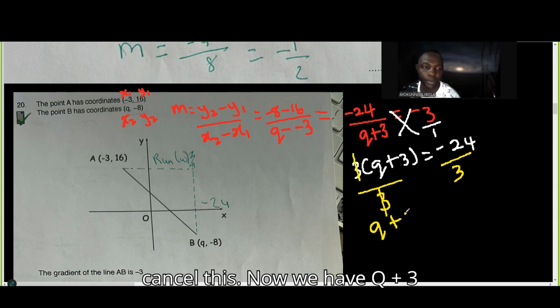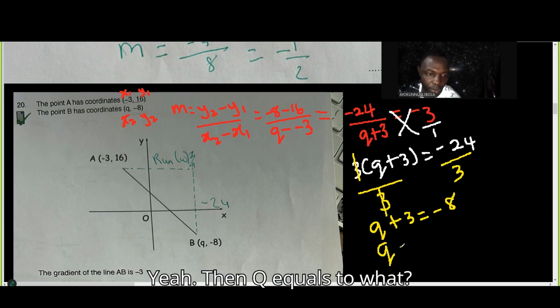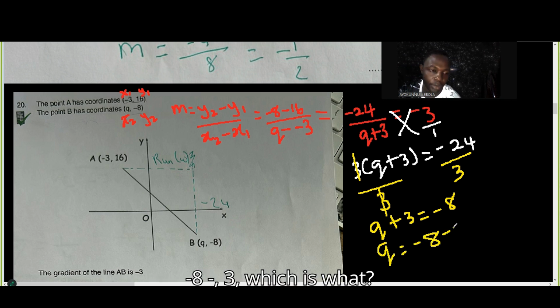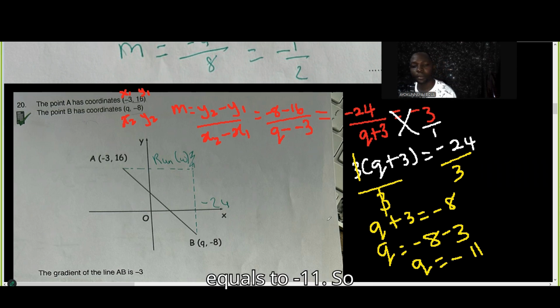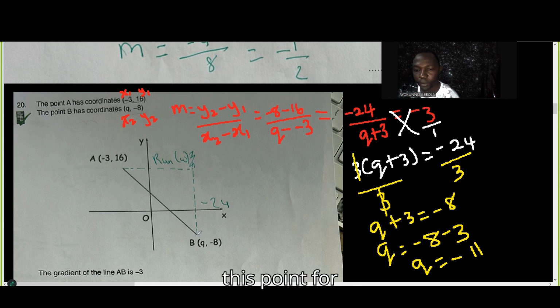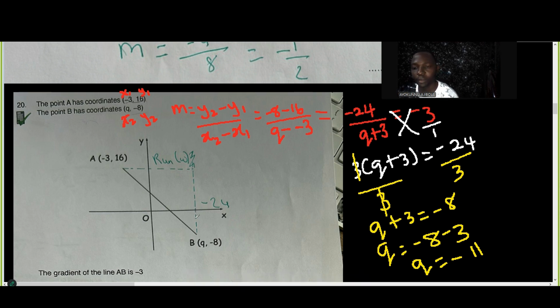Now we have Q plus 3 equal to -8, right? Then Q equals -8 minus 3, which equals minus 11. So this point x2 is going to be -11.